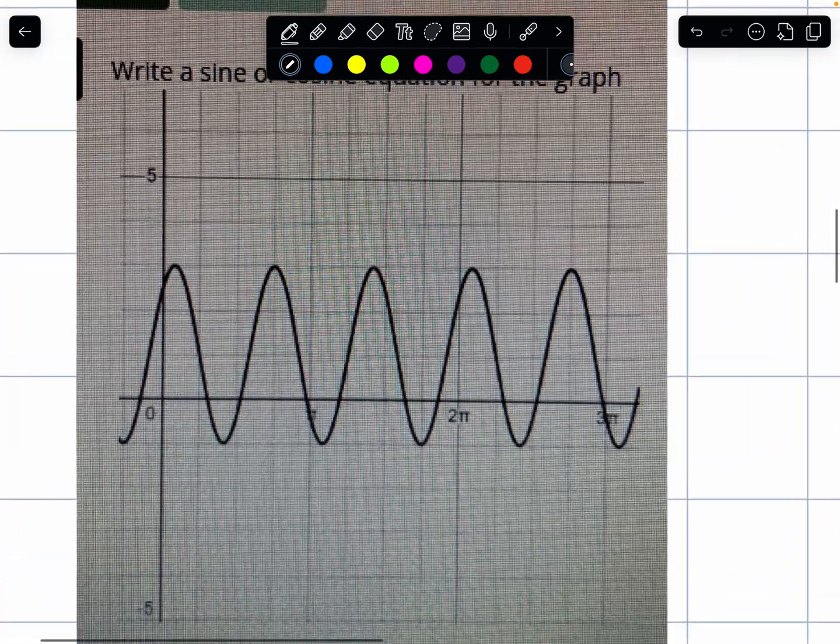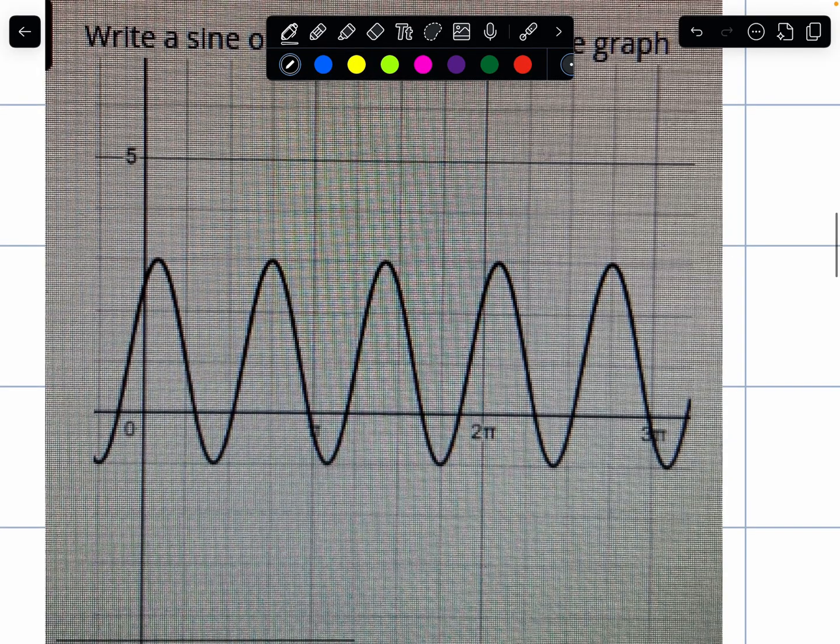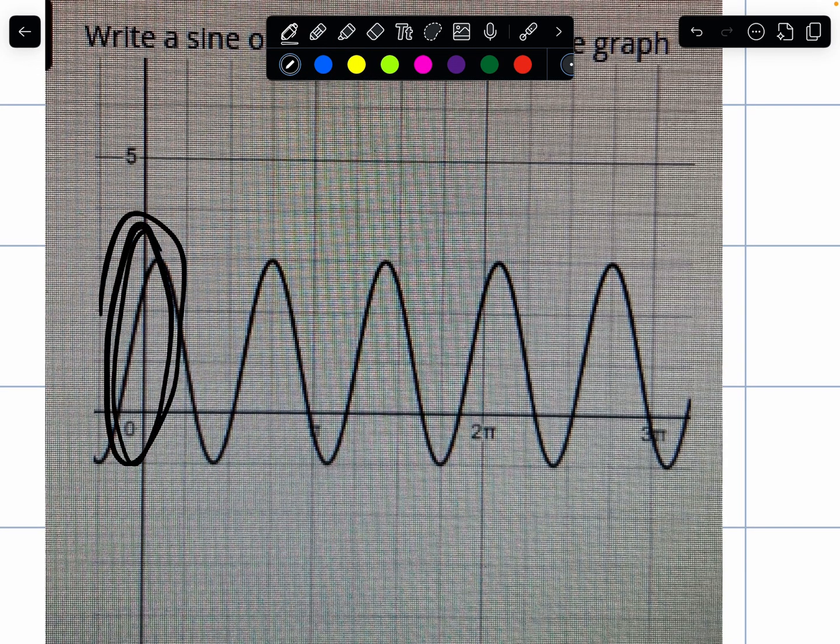Now this one is the trickiest because, as you can see, at my starting point, I'm not in the middle or exactly at the top or the bottom. So we're going to have a period shift, a phase shift, vertical shift, and an amplitude change. So once again, I'm going to just start with the same exact thing.